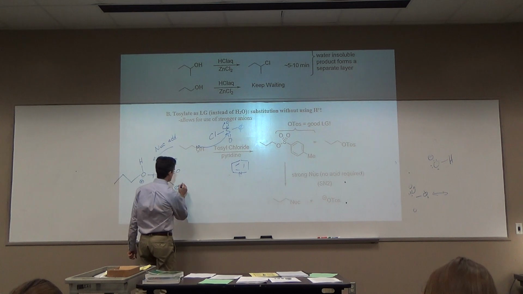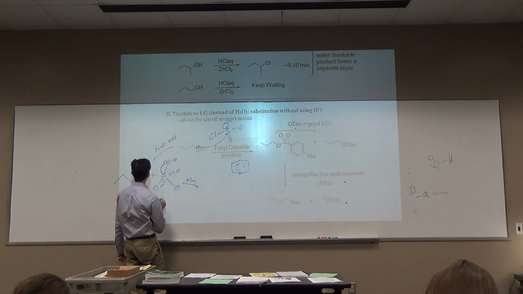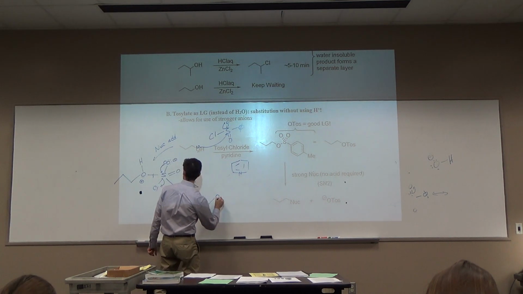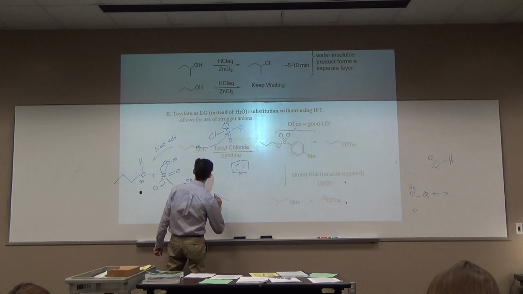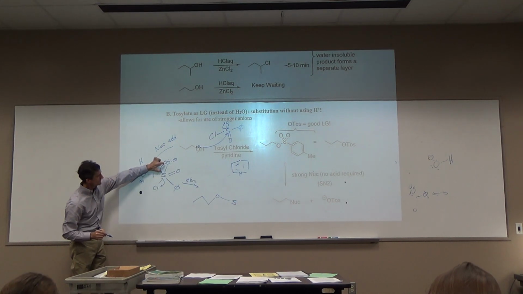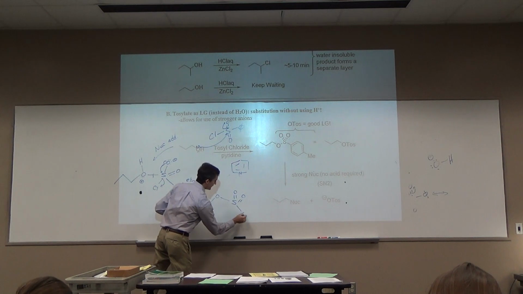And so that's going to be called elimination. And that gives, what are we reforming here? Double bond to O. We had another double bond to O. We had the tolyl group.